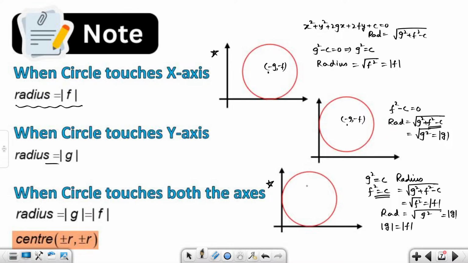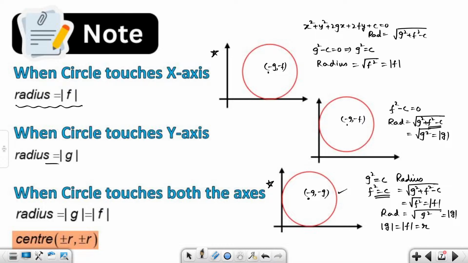Is it clear? That is, the center will be what? It will be minus g comma minus g, or you can write this as minus f comma minus f. They are all same. Is it clear? So for our simplicity, let us say this is nothing but our R. This condition is satisfied when the circle is in the first, second, third or fourth quadrant.